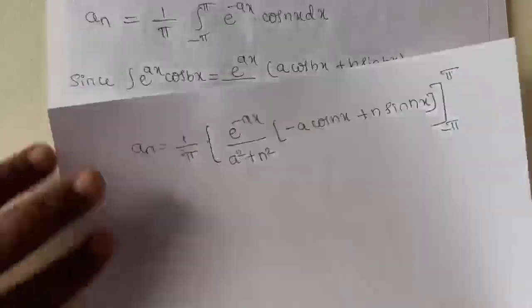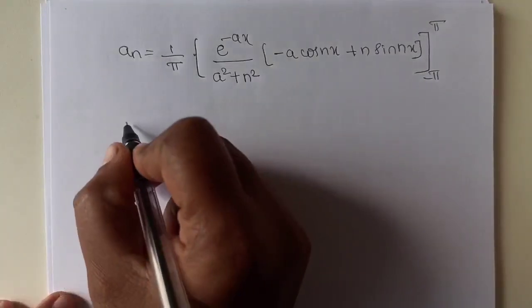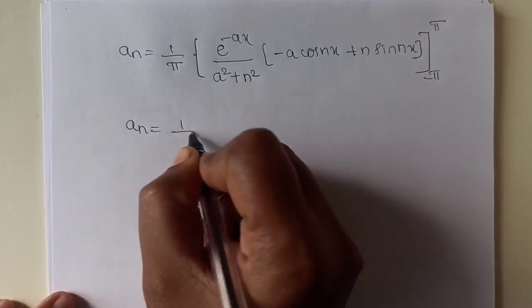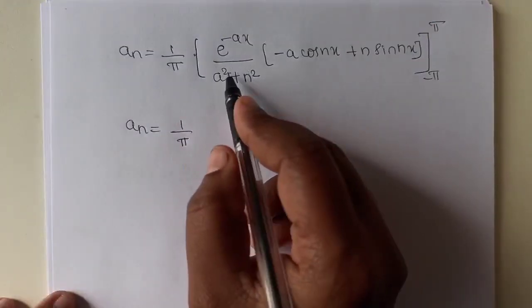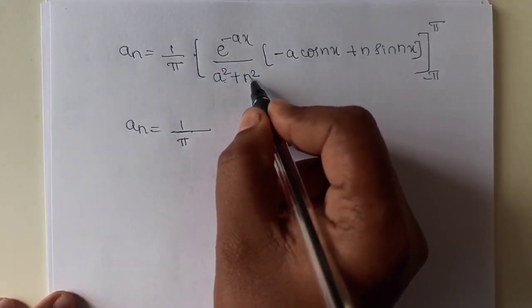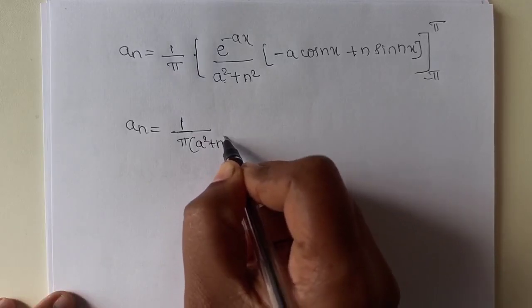Now simplifying this, we get aₙ = 1/π, and we substitute limits. Here a² + n² can be taken outside, since these are constants.